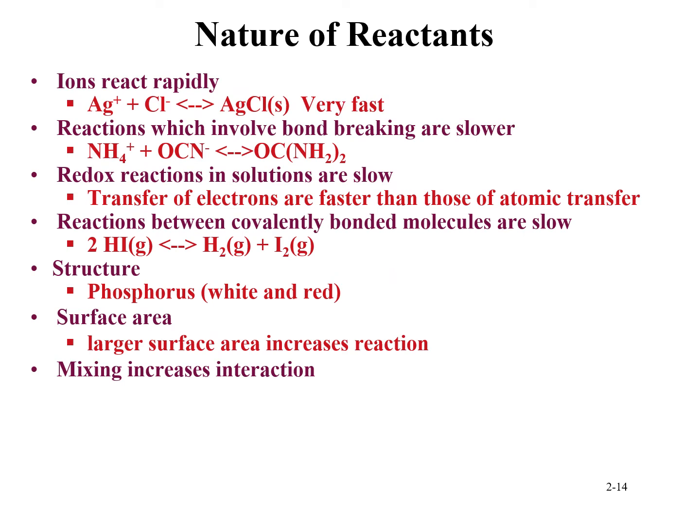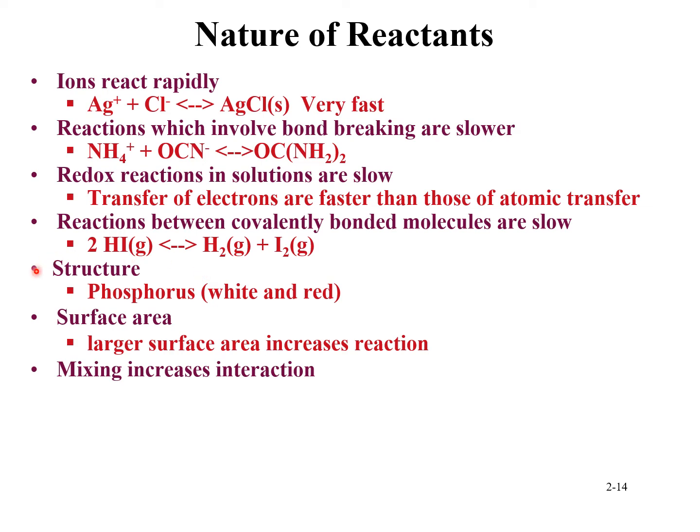There are some general terms, though, that can be used to try to understand reactions. Ions tend to react rapidly. For instance, the formation of silver chloride from silver and chloride ions is a very fast reaction. Those reactions that involve bond breaking tend to be slower. Redox reactions in solutions can be slow, particularly if there's bond breaking or bond making involved in these redox reactions.